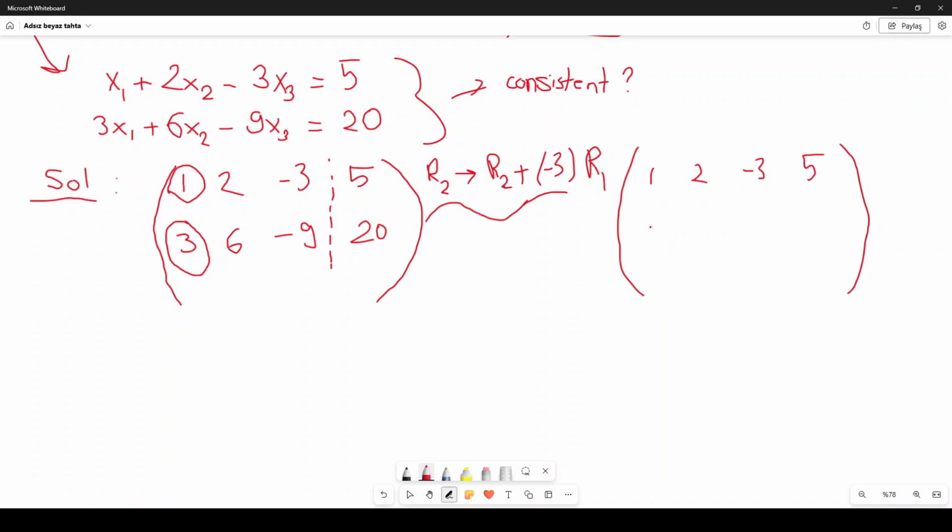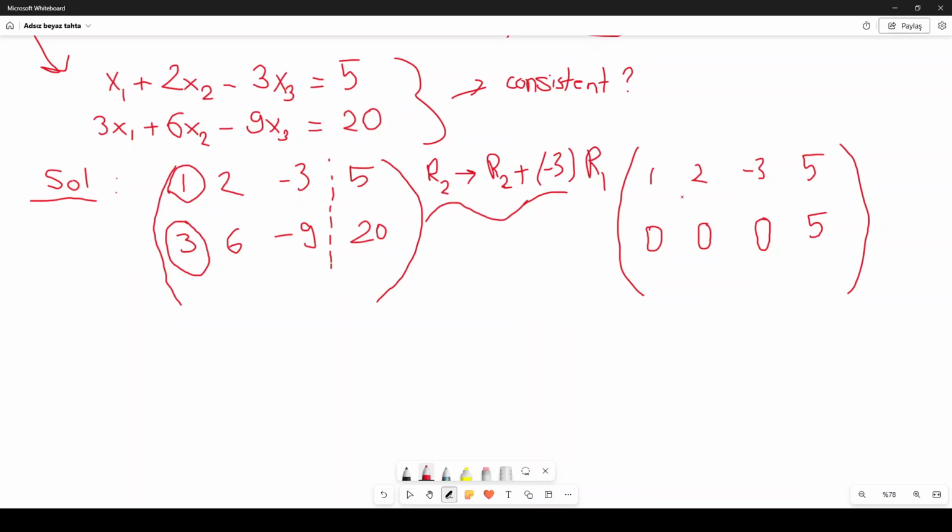So R2 plus minus 3R1 gives 0, 0, 0, and 5.